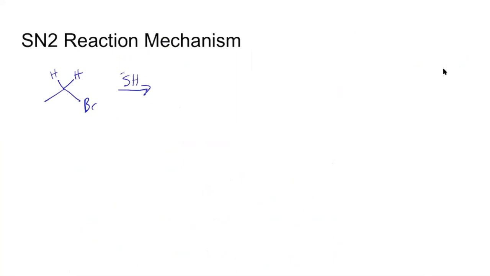And last time we had the leaving group, which was bromine, leaving and creating a carbocation intermediate. But in this reaction, suppose we have our nucleophile come and attack the substrate from the back and kick off the leaving group and create our product.